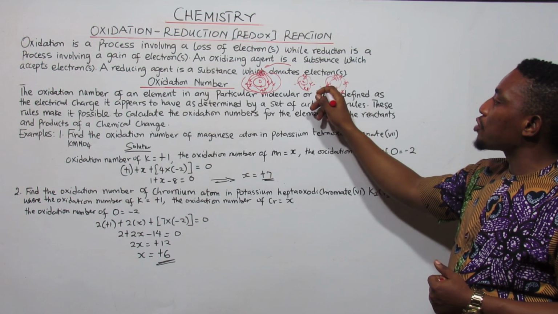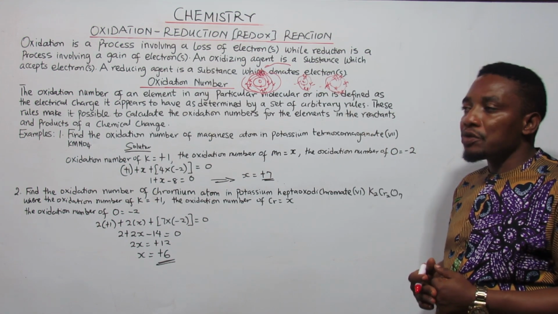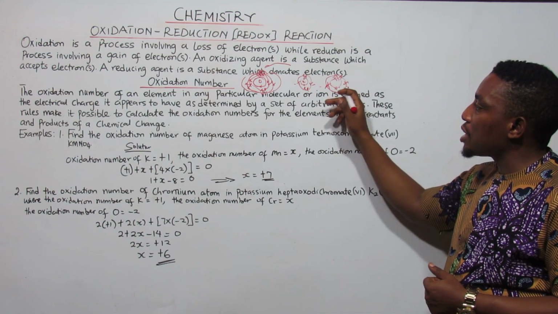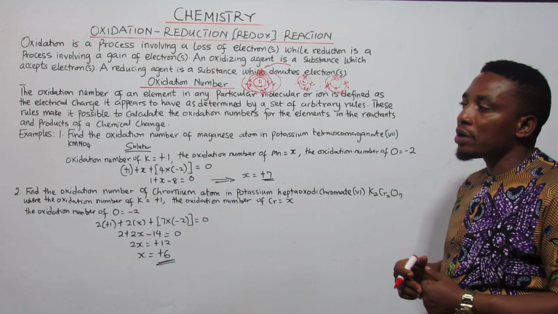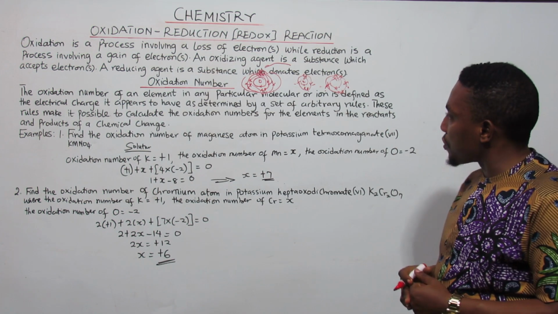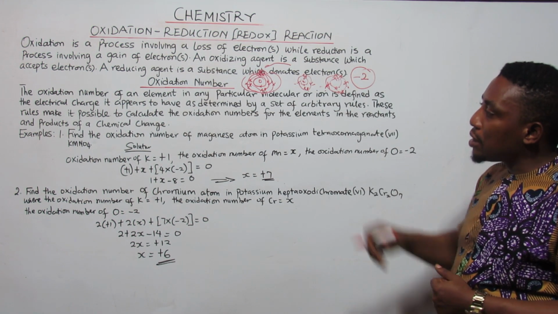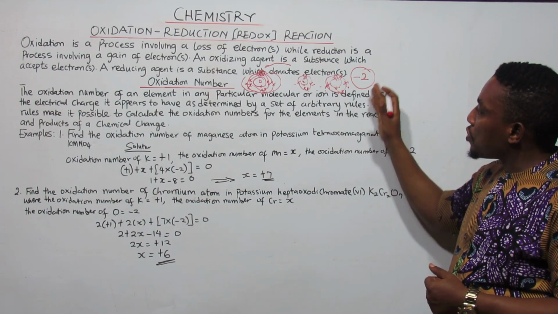So now you see that oxygen needs 2 electrons to become stable. So oxygen has to borrow 2 electrons. So it has a deficit of 2 electrons. So in that case it becomes minus 2, and this gives you the oxidation number.